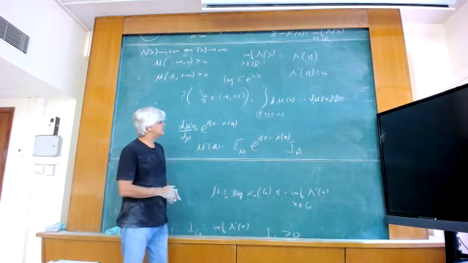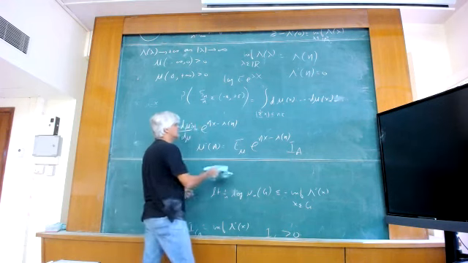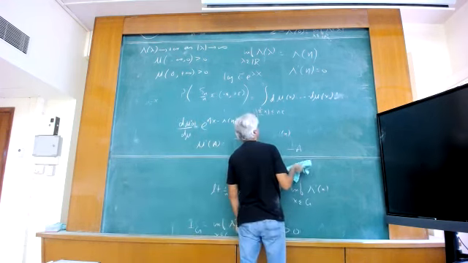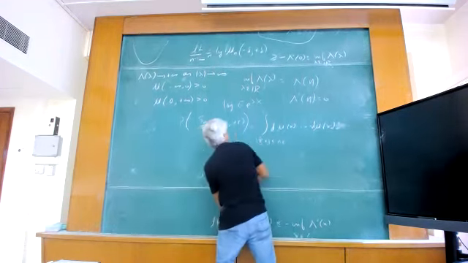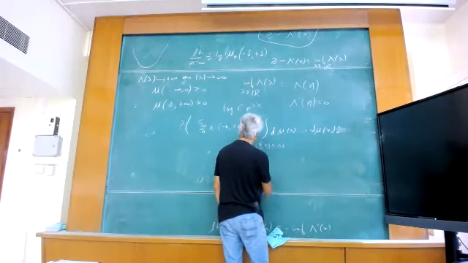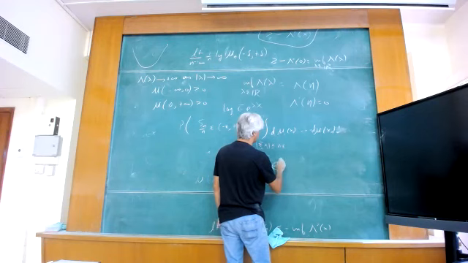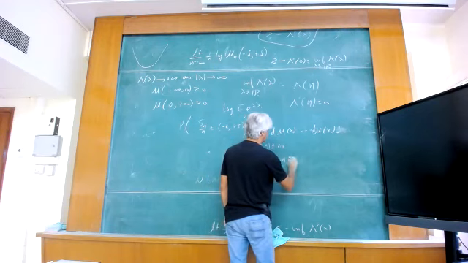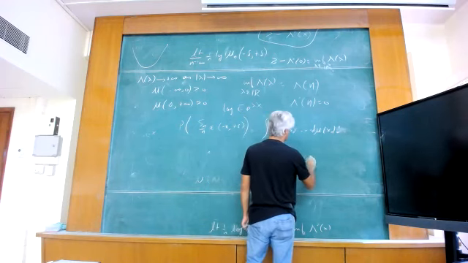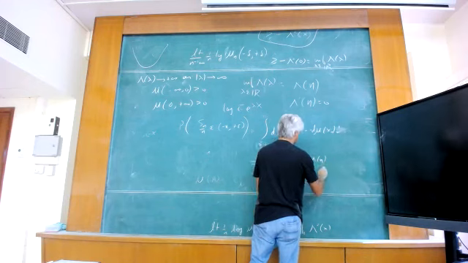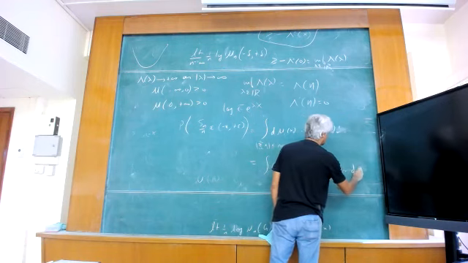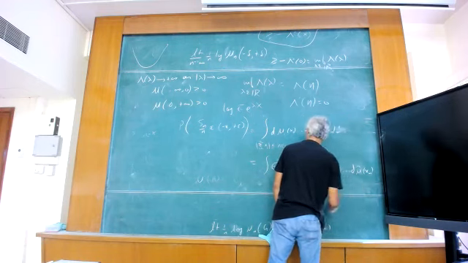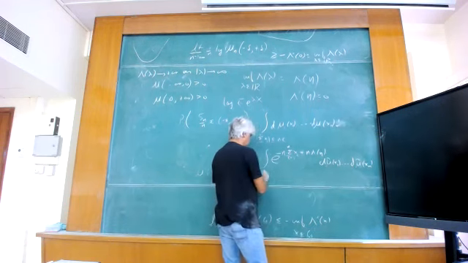With this measure, I'll re-express this as the integral of e to the power minus eta times the summation of xi, i equal to 1 to n, plus n times lambda of eta, d mu tilde x1 through d mu tilde xn.